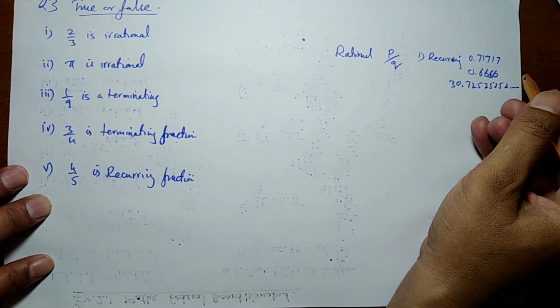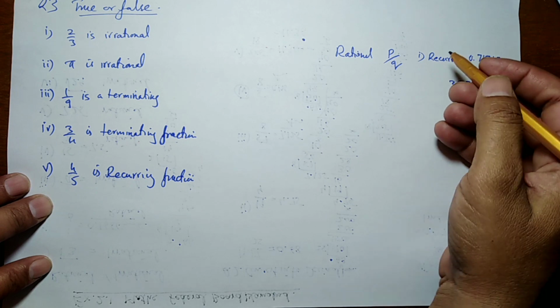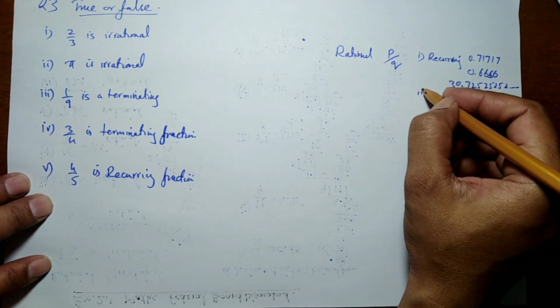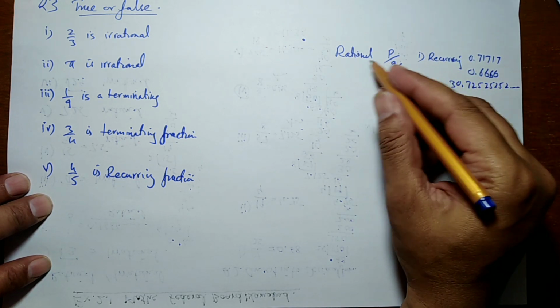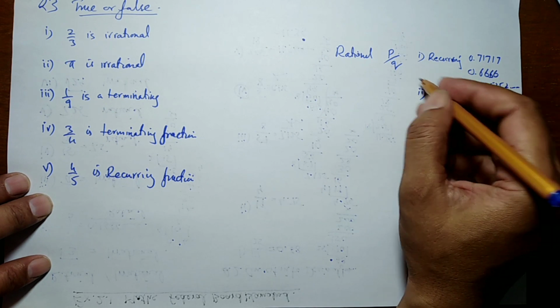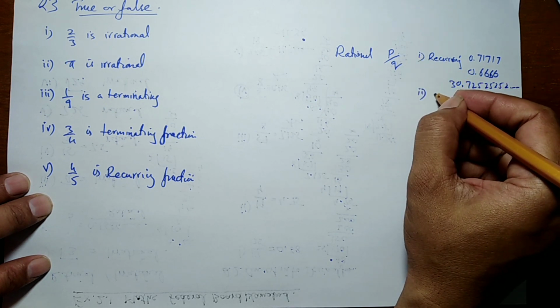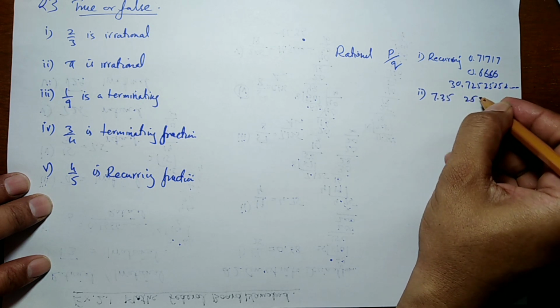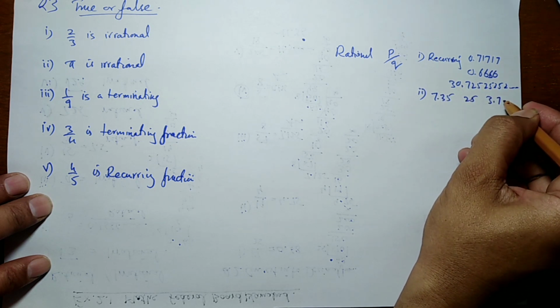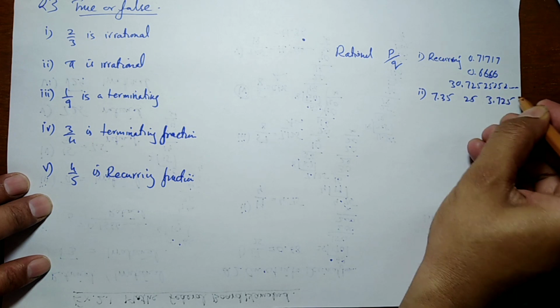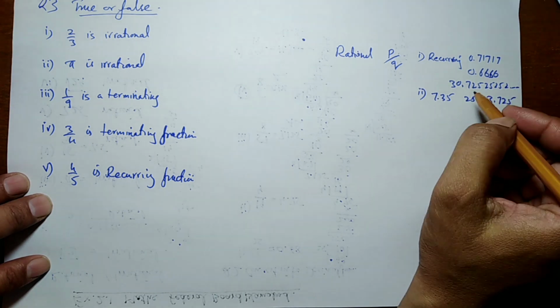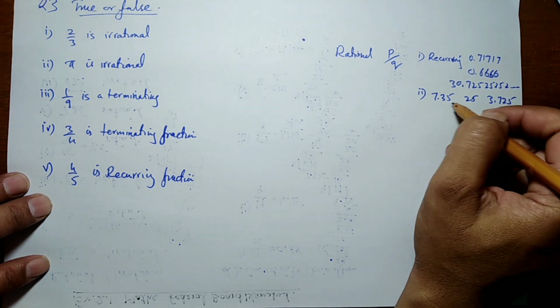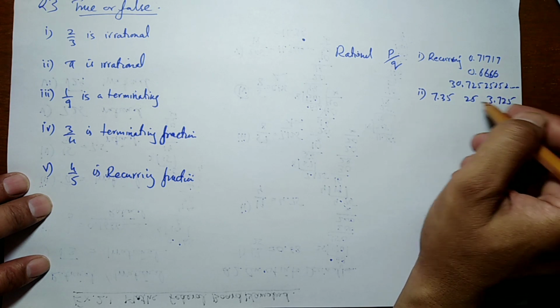So these are the types of rational numbers. Or the second type of answer you can get for these rational fractions is that the answer terminates, like 7.35 or 3.4 or 3.725. So the answer ends, it terminates, right?